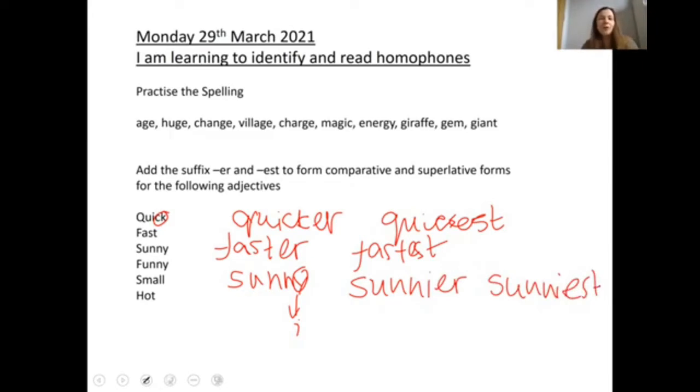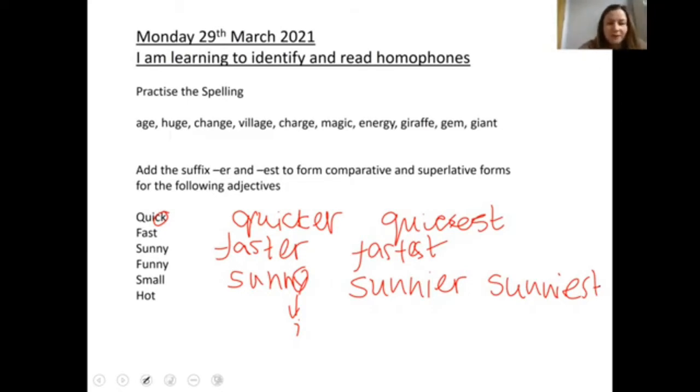And the same rule applies for funny, because we said that words that end in Y, okay, and have a consonant in front of them, actually swap this Y for I, and then they add the suffix.